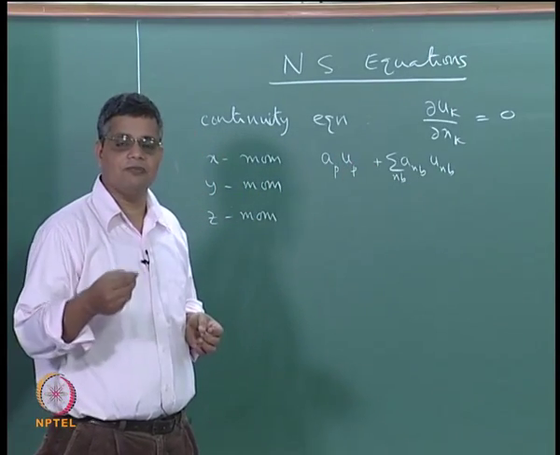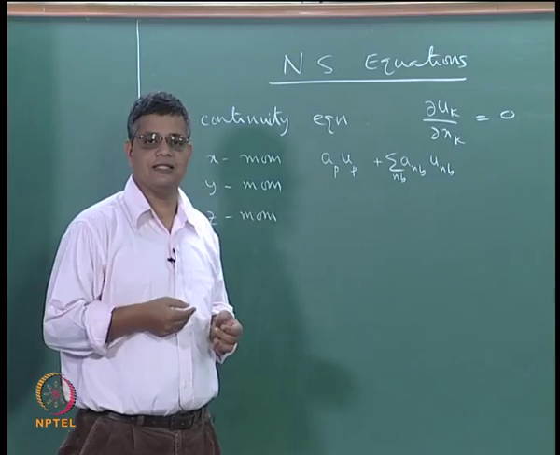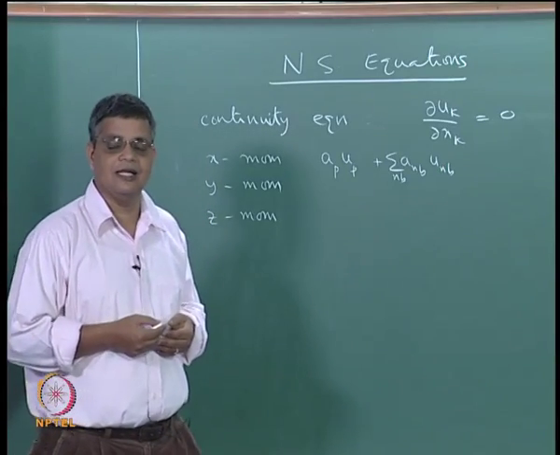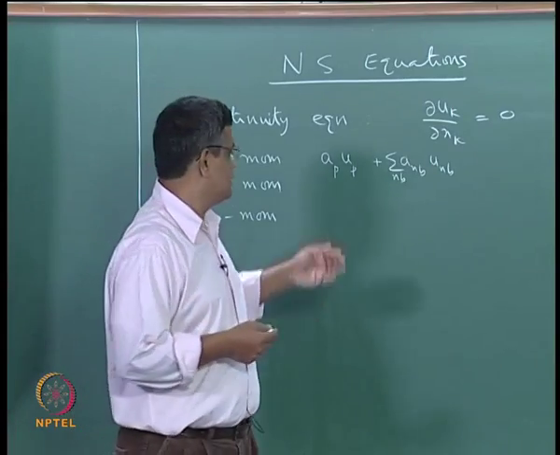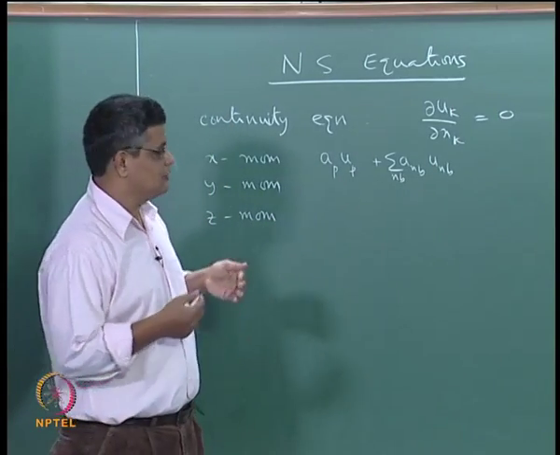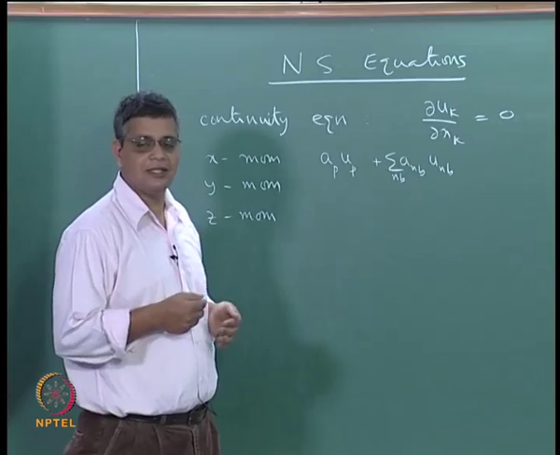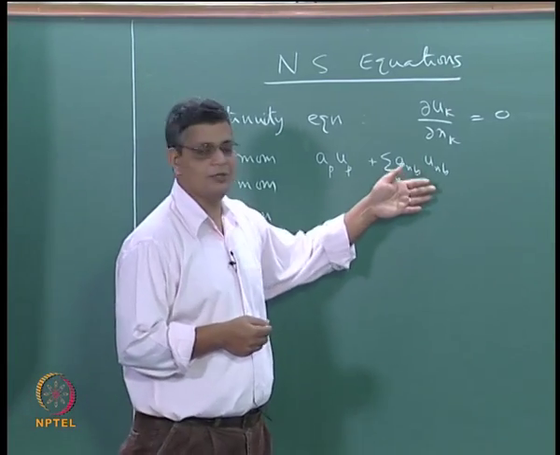If you take upwind scheme, you have one set. If you take a central scheme, you have another set, and if you take a second order or third order upwind, you have a different set of neighboring points. So depending on what kind of discretization scheme we adopt, we will have different neighboring points.